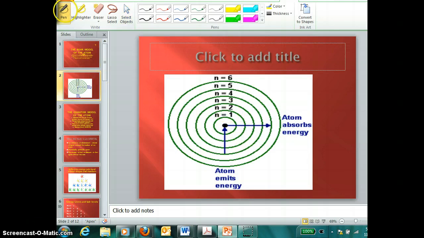N equals 1 would be considered as close to the nucleus as the electron gets, otherwise known as the ground state. And that as electrons absorb photons of electromagnetic radiation, they can be excited to higher and higher energy levels, but that they cannot exist in between those levels.